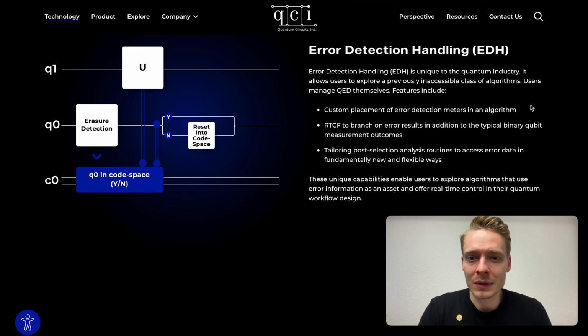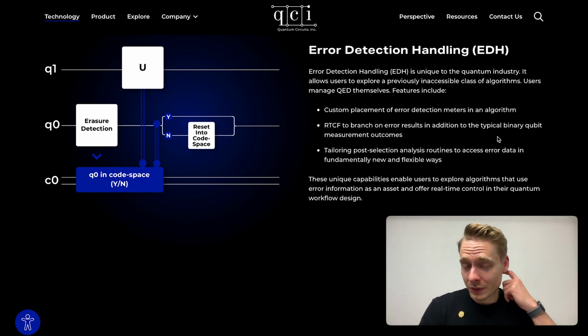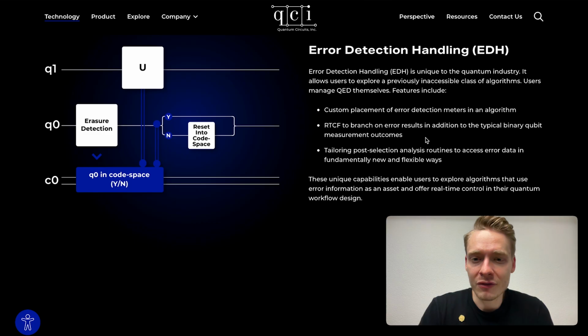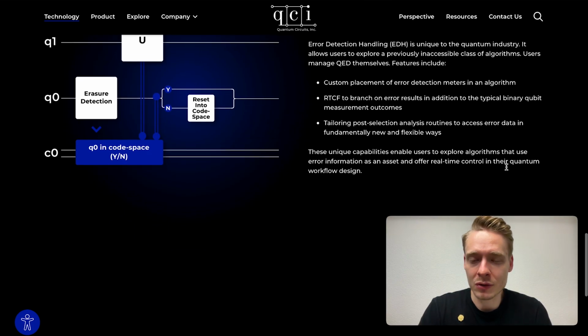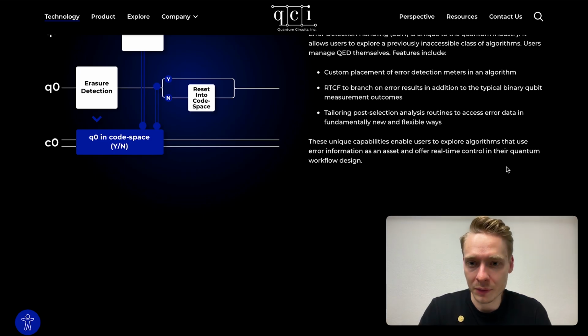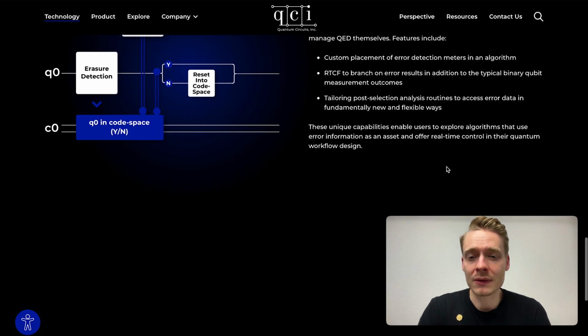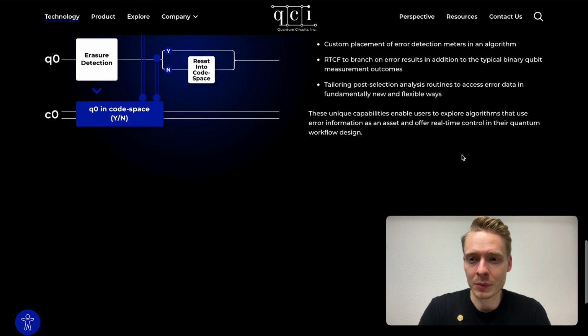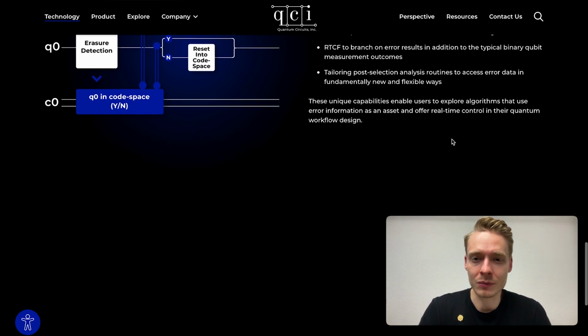Users manage EDH themselves. Features include custom placement of error detection meters in the algorithm, RTCF to branch on error results in addition to the typical binary qubit measurement outcomes, and tailoring post-selection analysis routines to access error data in fundamental, new and flexible ways. These unique capabilities enable users to explore algorithms that use error information as an asset and for real-time control in their quantum workflow design.